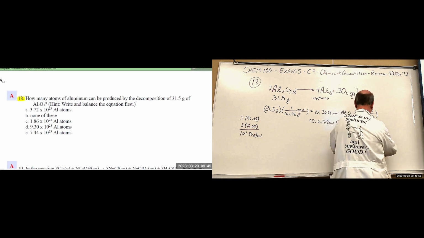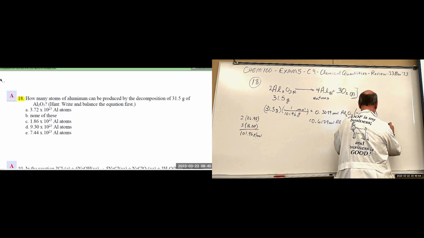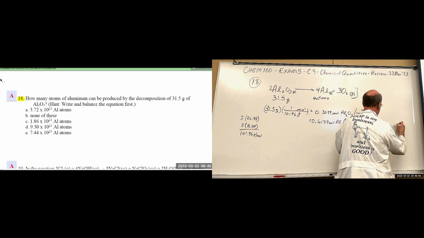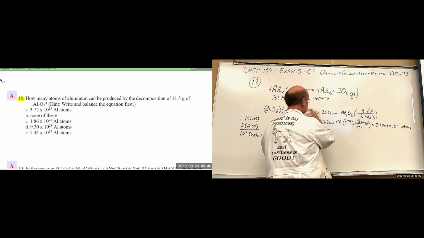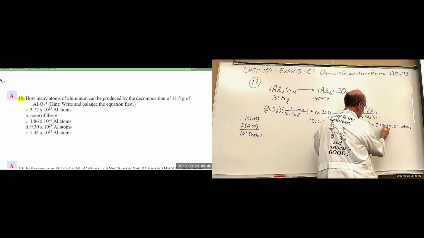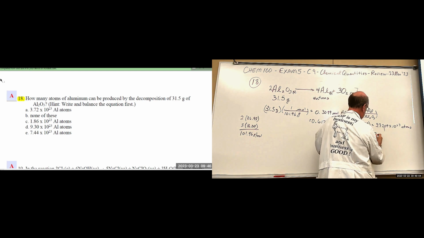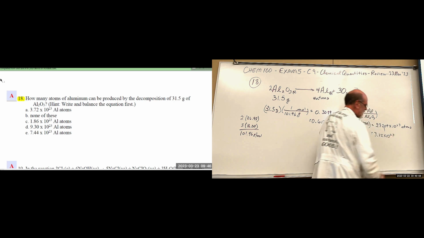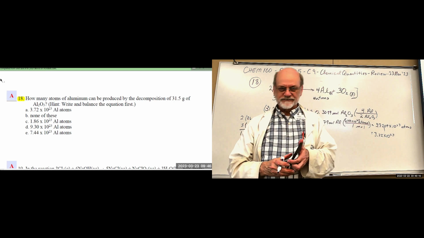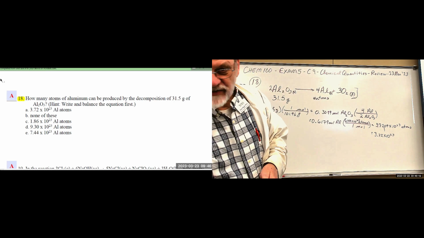So that gives us 3.7209 times 10 to the 23rd atoms. Significant figures, 3. So we got to round it off to here. 3.72 times 10 to the 23rd atoms. That's why the answer is A.